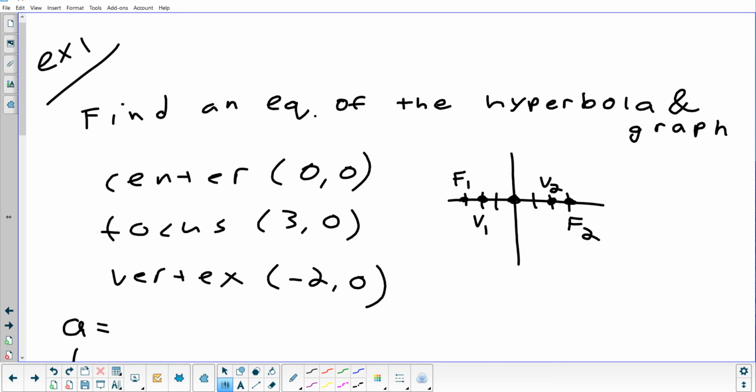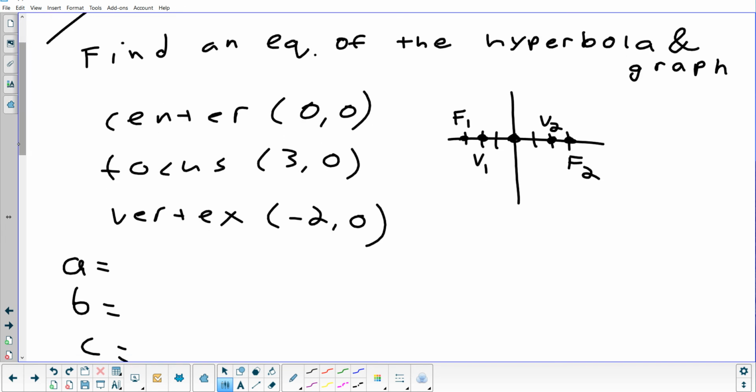So the transverse axis goes through all those points, which means the transverse axis is going to go in which direction? Horizontal, which is which letter? X. So we want the x to be the positive. So we're going to start out with a fraction minus another fraction equals, what number does it always equal? 1.